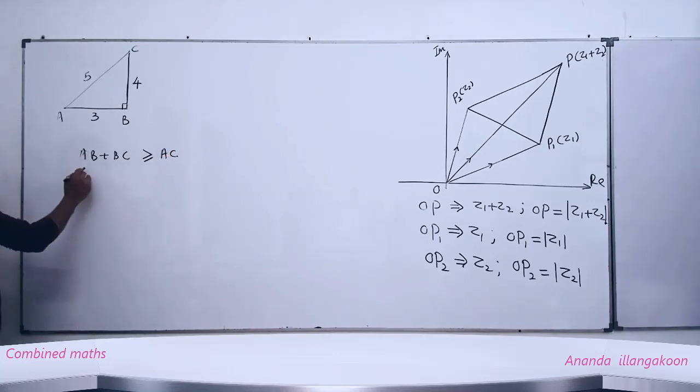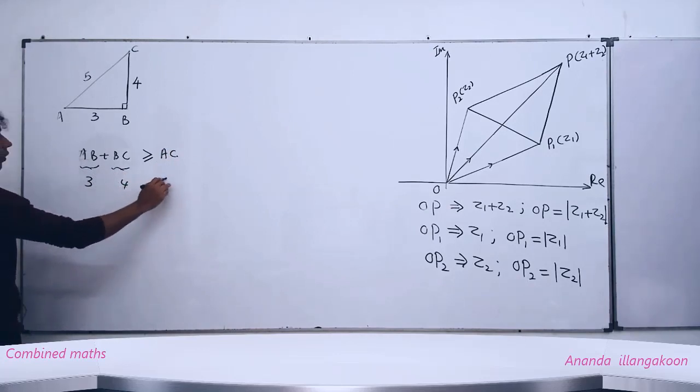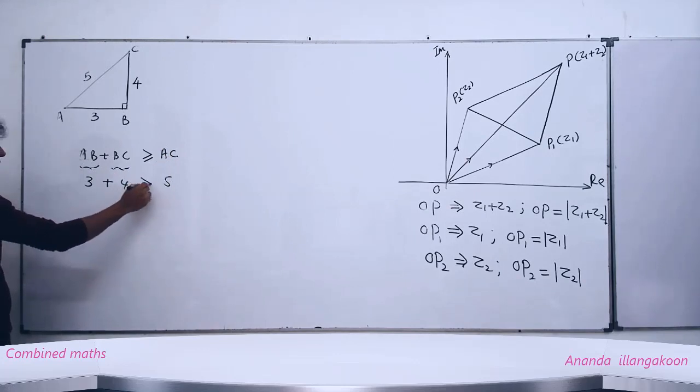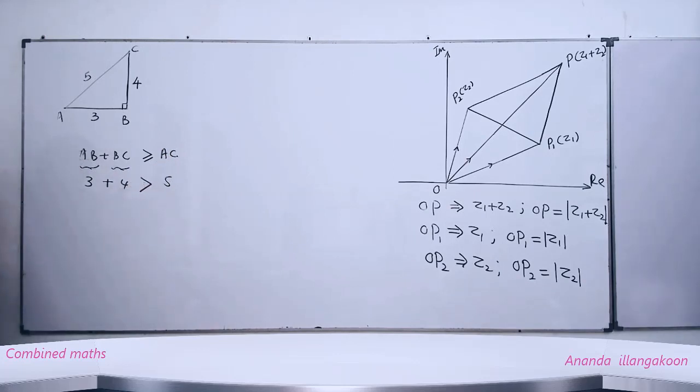See here, AB is 3, BC is 4, AC is 5. 3 plus 4 is 7, the right hand side 5, greater. The equal sign, I will explain the situation.